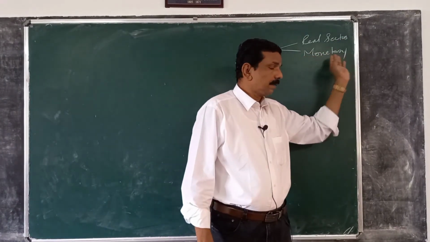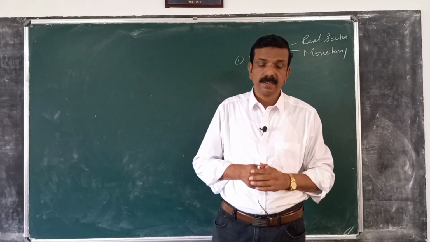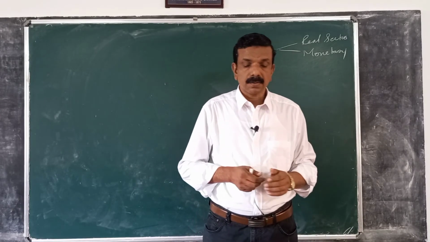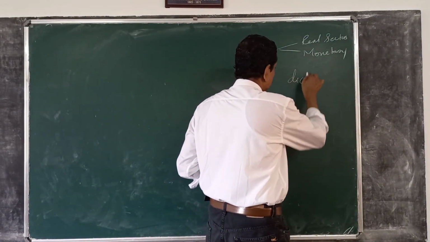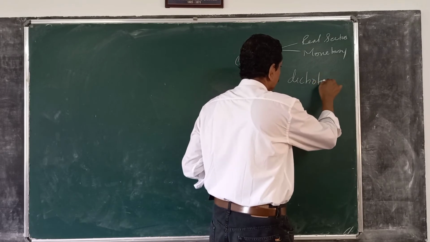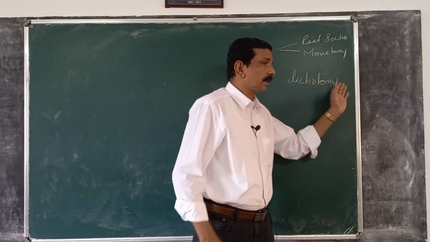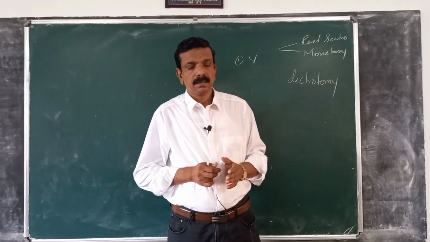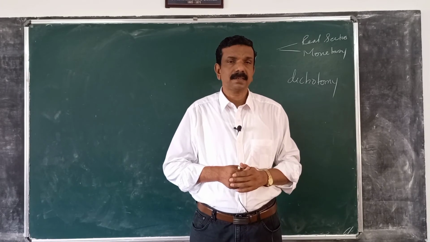Then we will explain how monetary variables, nominal variables, are determined. So, the classical model is characterized by what is known as the classical dichotomy, that is, real and monetary sectors are segregated.